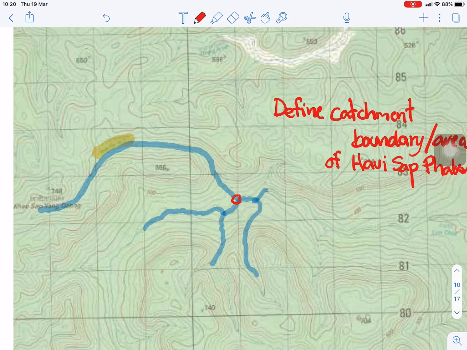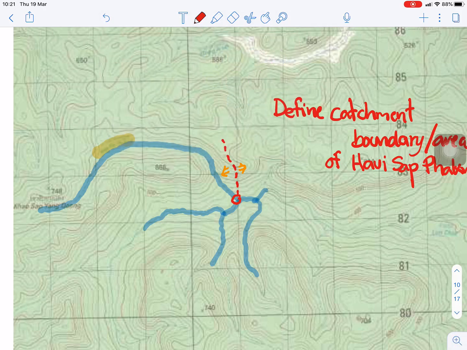So we start to draw the watershed divide from this. What is the meaning of this? It means if the rainfall flows on the left-hand side, it will go to the Huai Phak Nok, but if it goes to the right-hand side, it goes to another subcatchment. Okay, that is the meaning of this.